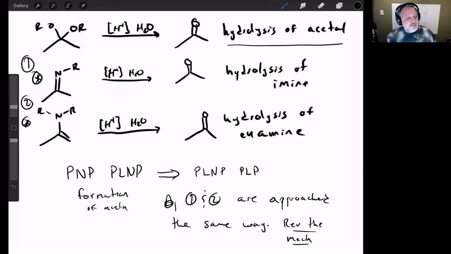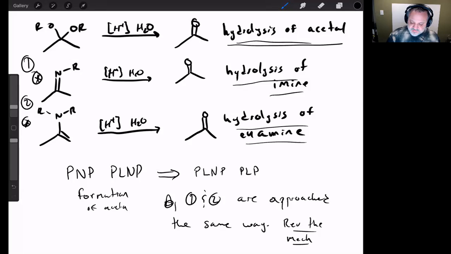We just have to remember that we're doing the steps in reverse order, and the opposite of a nucleophilic attack is a loss of a leaving group, and the opposite of the loss of a leaving group is a nucleophilic attack. The reactions and mechanisms that represent the hydrolysis of imine and enamine are analogous to the hydrolysis of the acetal, but they're not exactly the same.